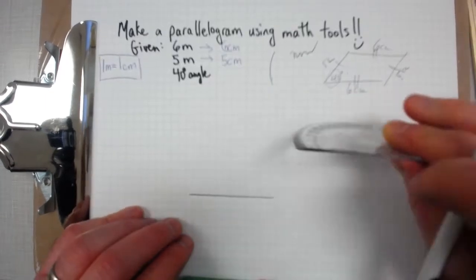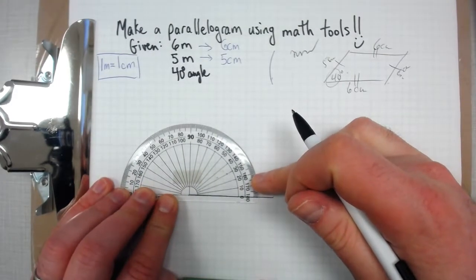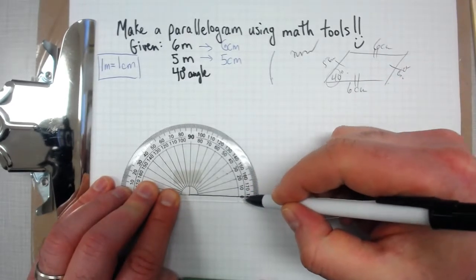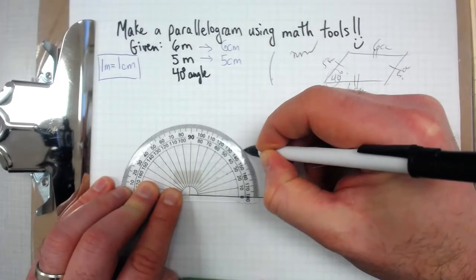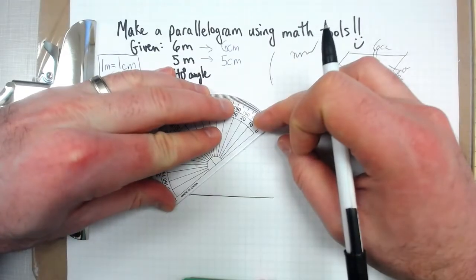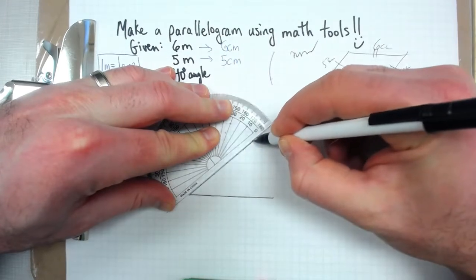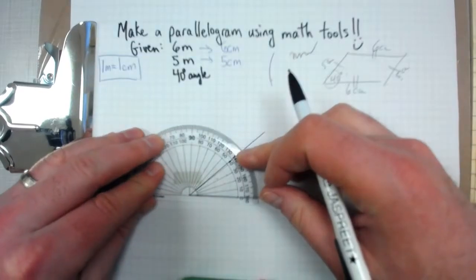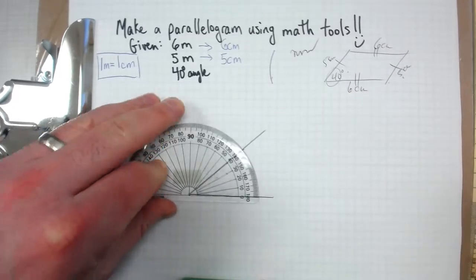Take my protractor, putting the vertex of the protractor on the end of the line, starting with this arm counting at 0 up to 40 degrees, mark, straight edge, connect the end of that one line all the way up to and through the point. Double check with your protractor. 40, that's good.